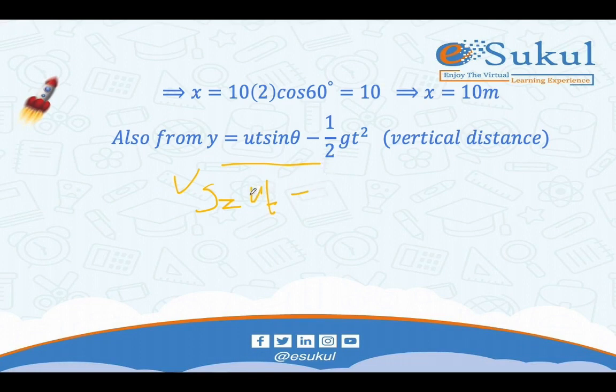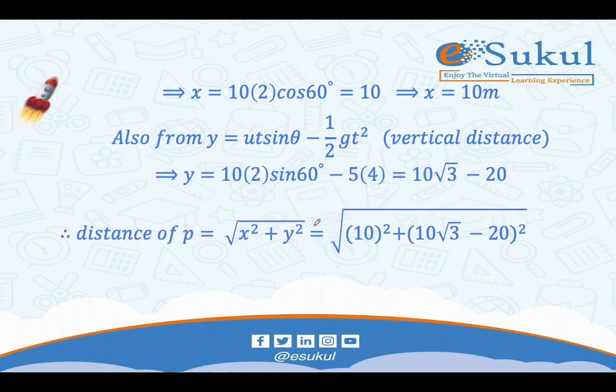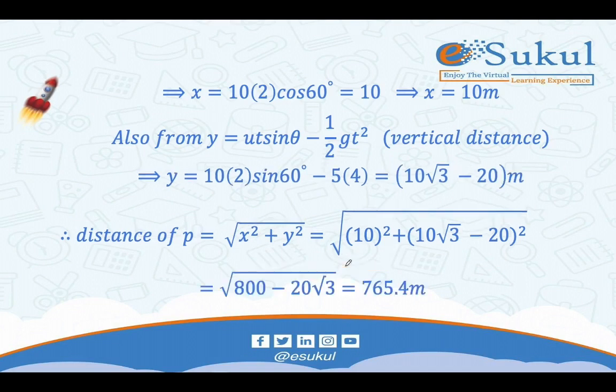But our u is represented as u_y, which is the vertical component, and the vertical component will be u sine theta. So replacing our values, we then have 10 root 3 minus 20. Finally, the distance of P becomes the magnitude of the x and y components, which gives us as a decimal value 765.4 meters.